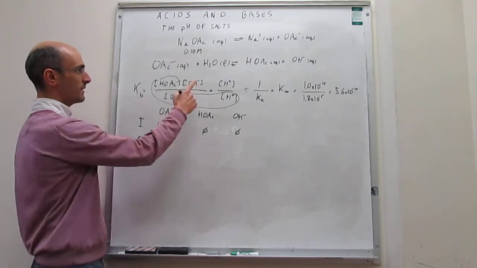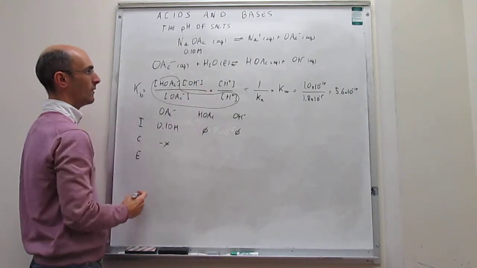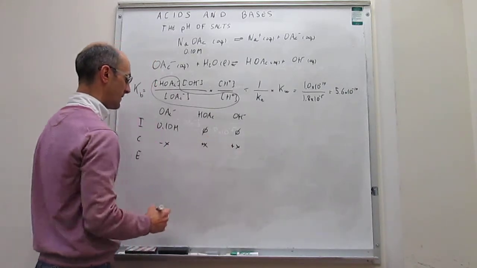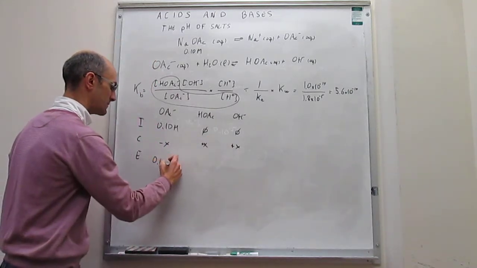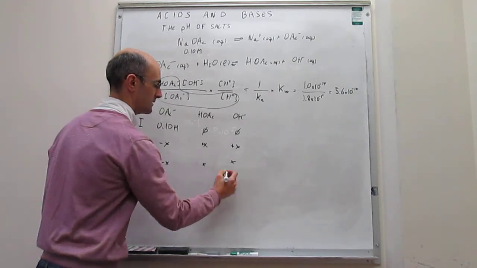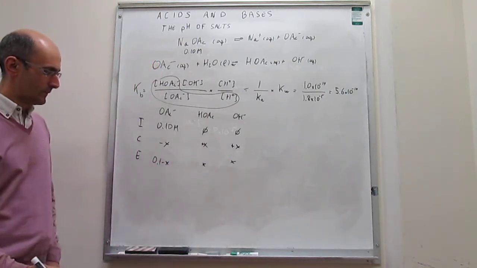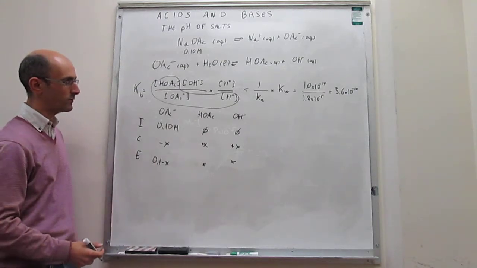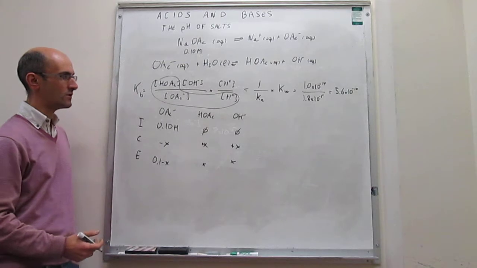The stoichiometry is all ones, so those will be the changes, and at equilibrium we'll have 0.1 minus x, x, and x. Then we're ready to plug this into our K sub B expression and find the concentration of hydroxide.